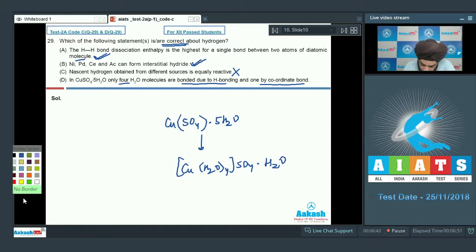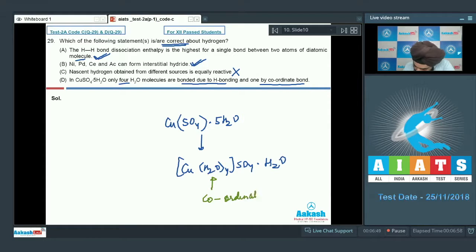So the 4 H2O molecules are coordinated, whereas the 5th one is attached by the H bond. Students, this statement is also incorrect.